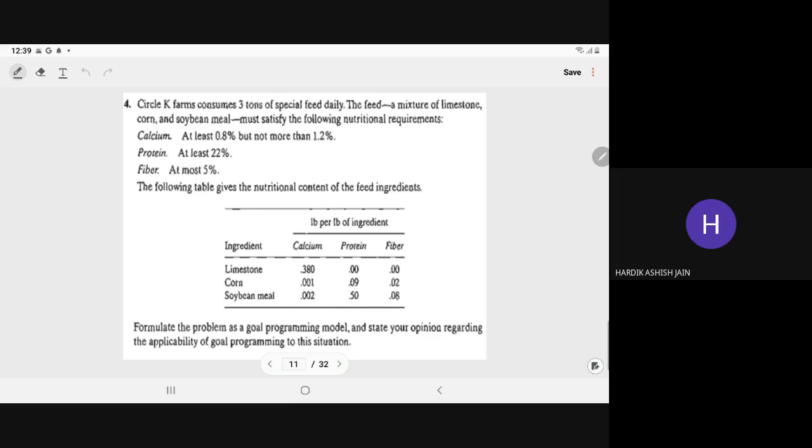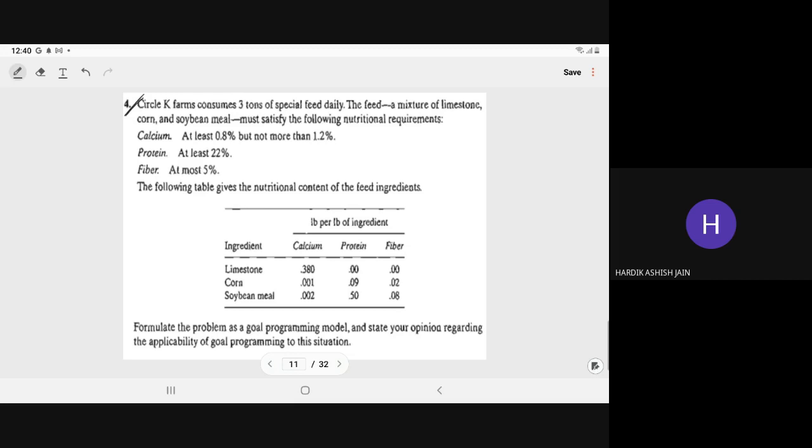Now, this is a very important question. Question number 4. Circle K farm consumes 3 tons of special feed daily, which means that much is the limit.